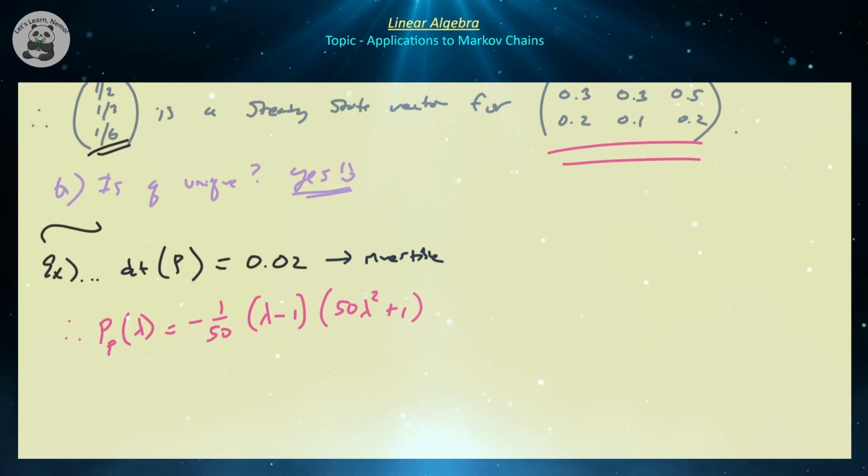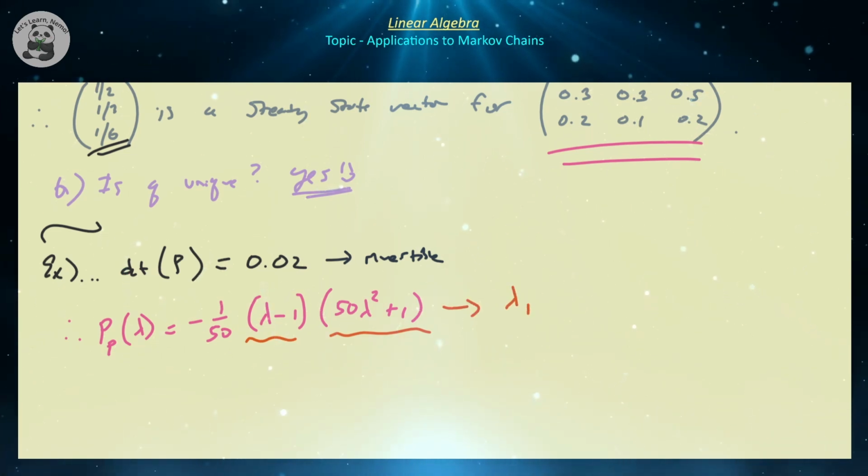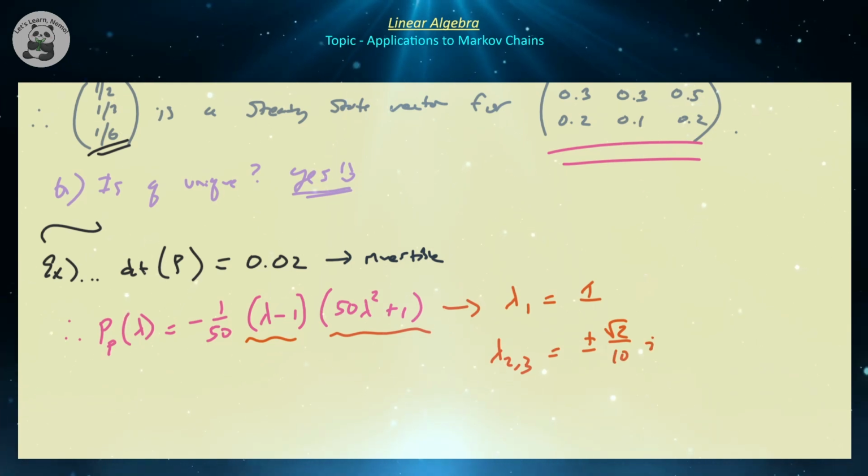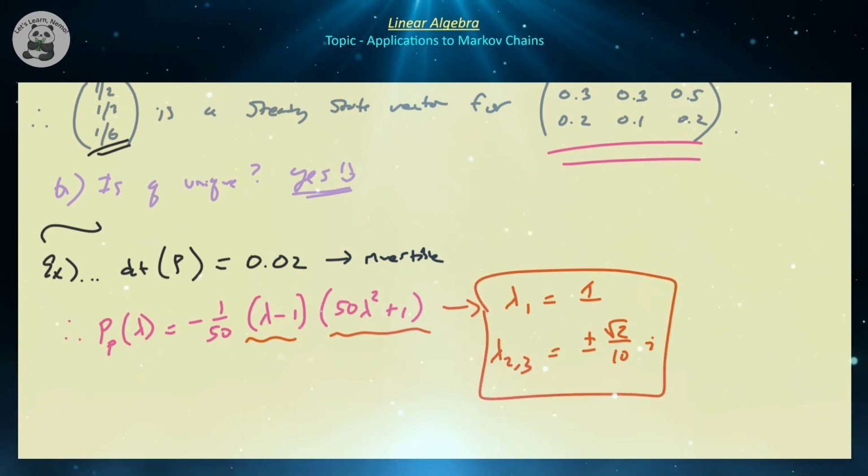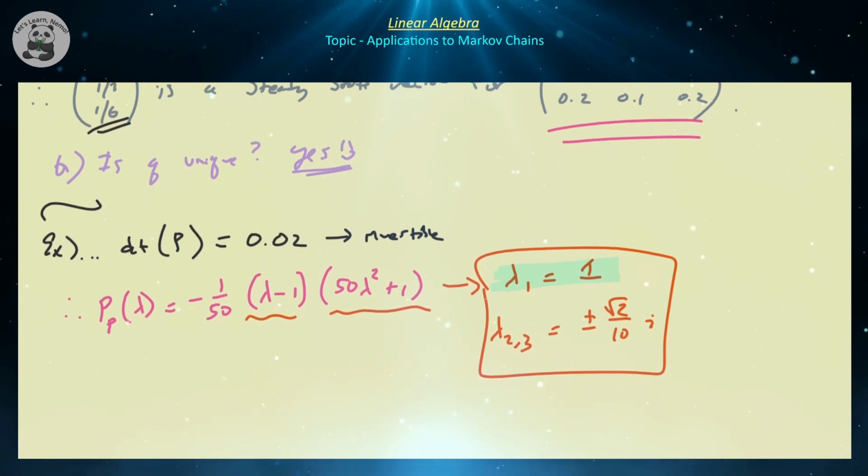And from here, we see that we have 2 complex, or non-real, eigenvalues, and we have this very nice eigenvalue 1. So lambda 1 will be equal to 1, and lambda 2 and 3 will be equal to plus or minus the square root of 2 over 10, once you simplify the square root of 1 over 50. That gives us our eigenvalues, and notice that we have one very beautiful eigenvalue here.